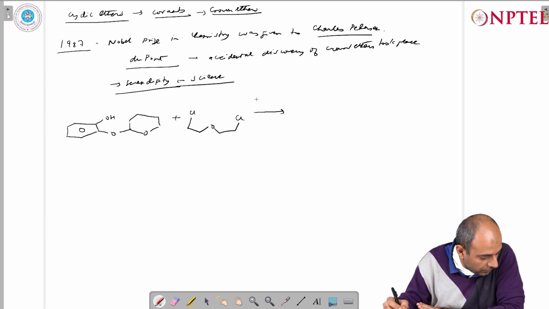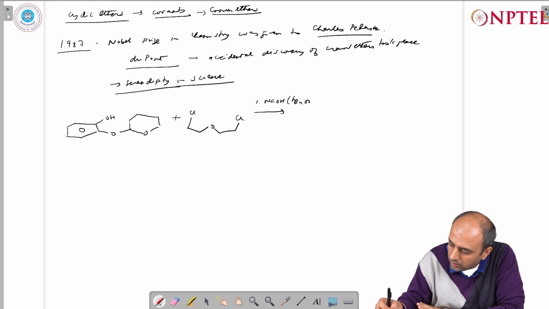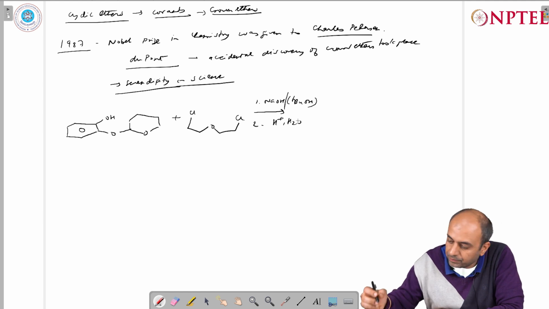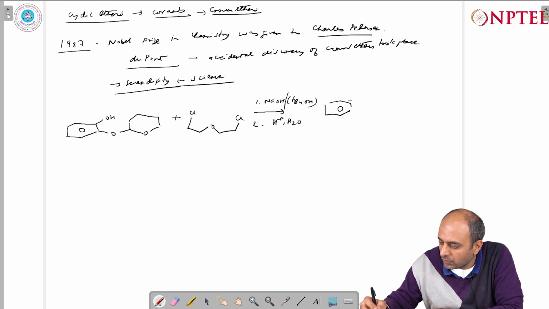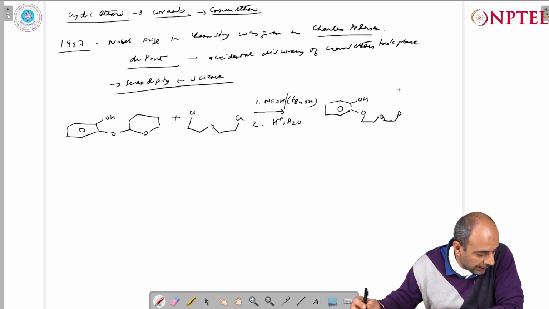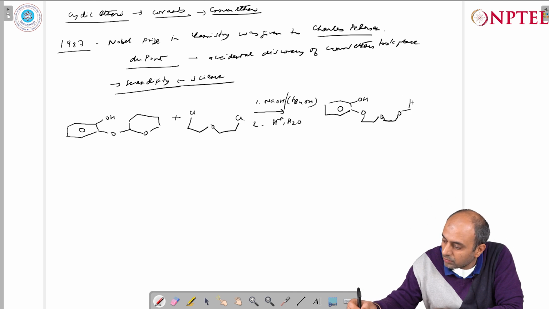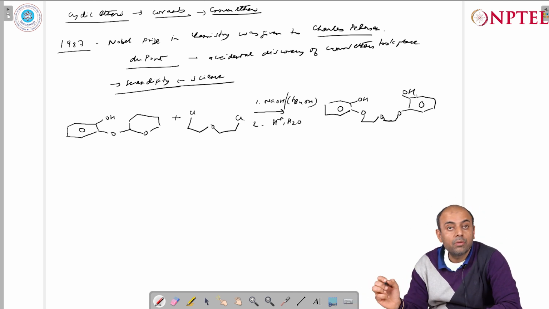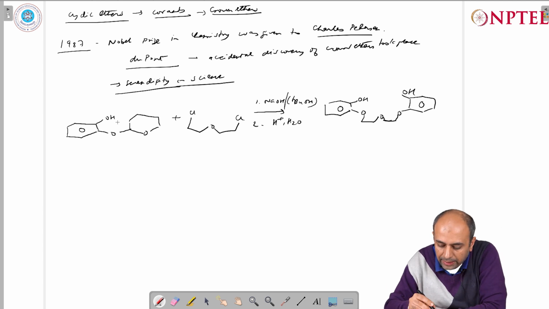In the presence of sodium hydroxide, tertiary butanol and then the workup condition, he was trying to synthesize this particular compound. So what happens is that this is a dihydroxy compound.